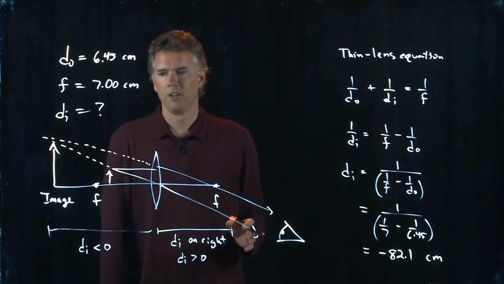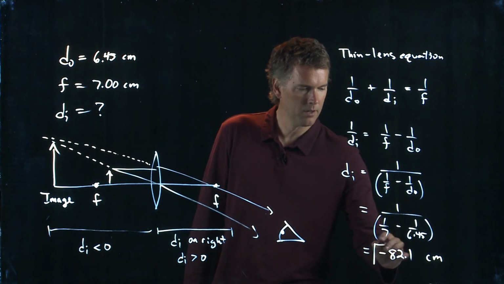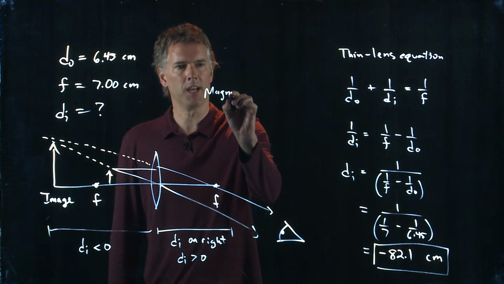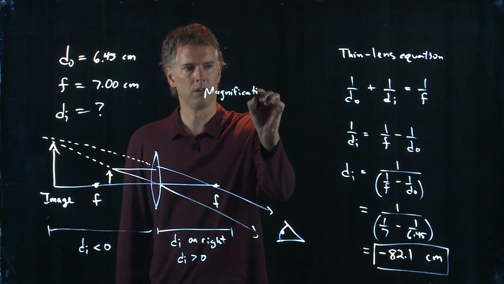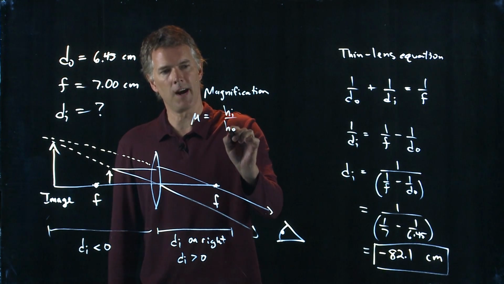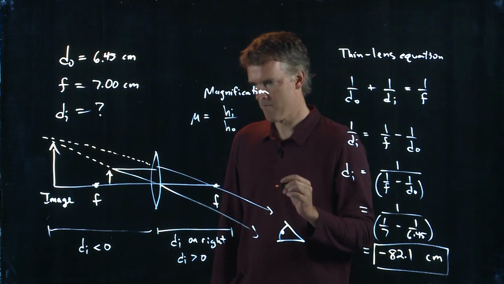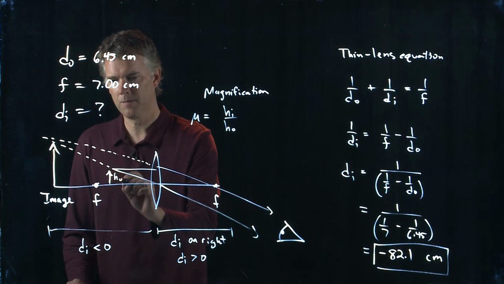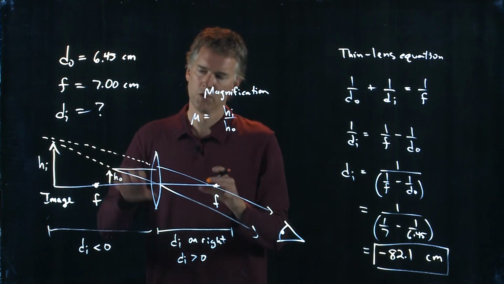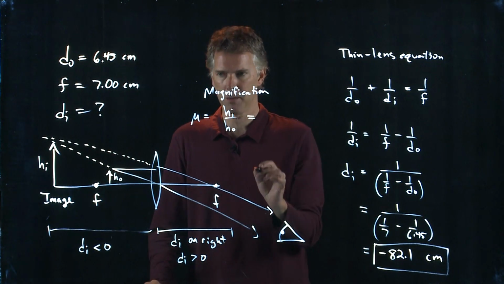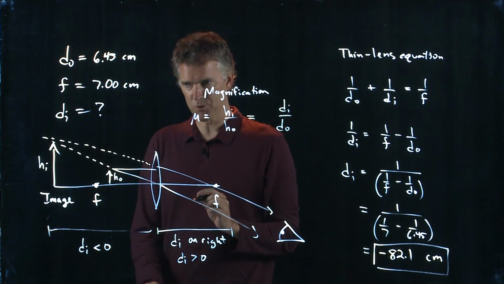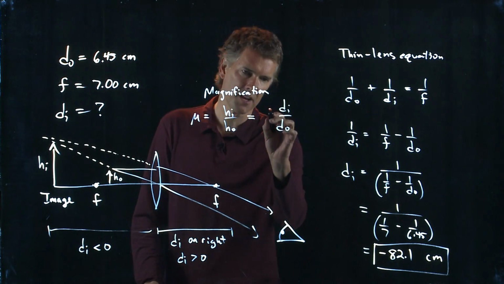Second part says calculate the angular magnification. And remember what magnification is. M is equal to the height of the image divided by the height of the object. This is the height of the object. This is the height of the image. And you can do a little trig here to show that this is the same as the image distance over the object distance, except there's a negative sign right there.